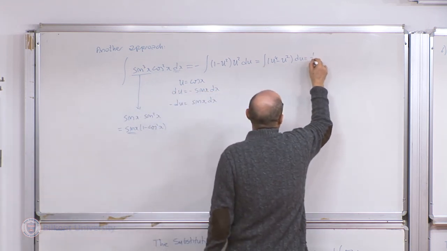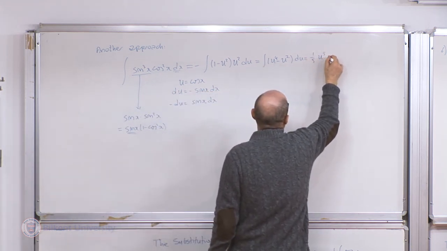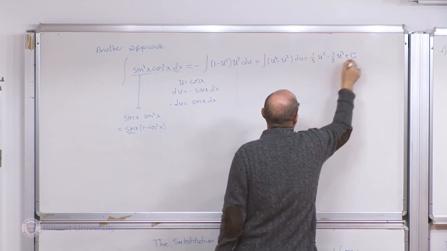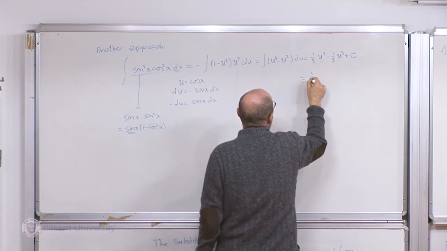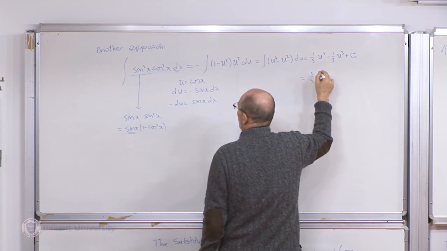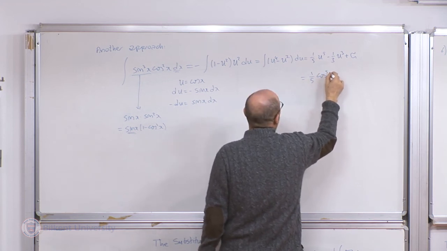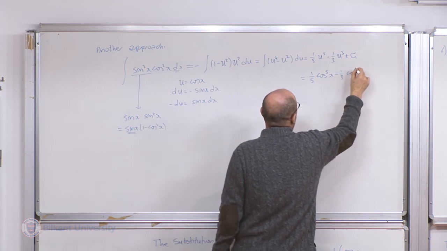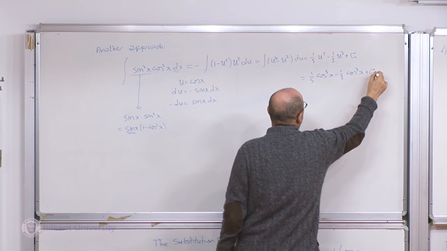Now this is 1 over 5 u to the 5 minus 1 over 3 u cube plus c, and that's equal to 1 over 5 cosine 5x minus 1 over 3 cosine 3x plus c.